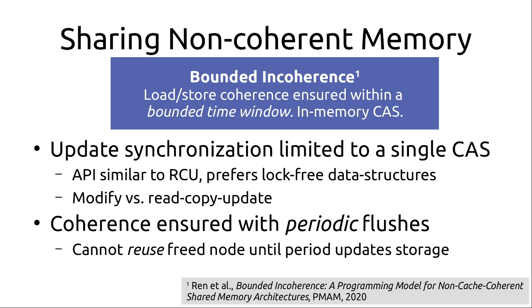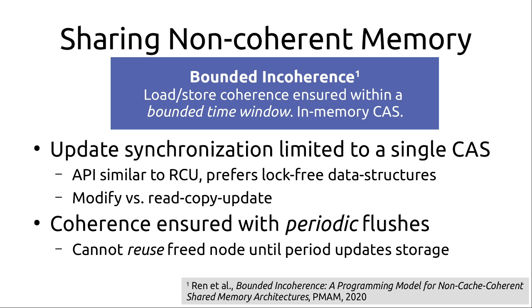So the API for this starts looking pretty similar to read, copy, update, if you are familiar with that. And this has a strong preference for lock-free data structures. And when we do modification, we're essentially saying, yeah, you probably need to make sure that you either do not update data often, or you update it only with that single compare and swap.